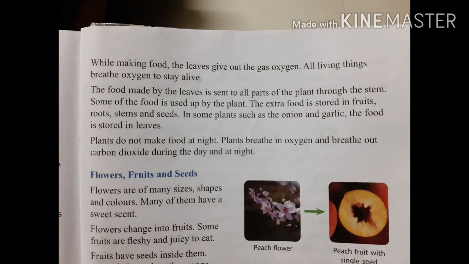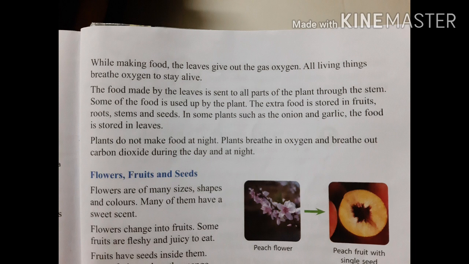Turn the page. While making food, the leaves give out the gas oxygen. All living things breathe oxygen to stay alive. The food made by the leaves is sent to all parts of the plant through the stem. Some of the food is used up by the plant.